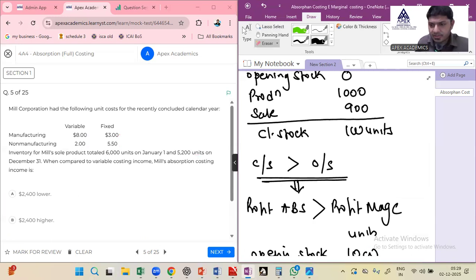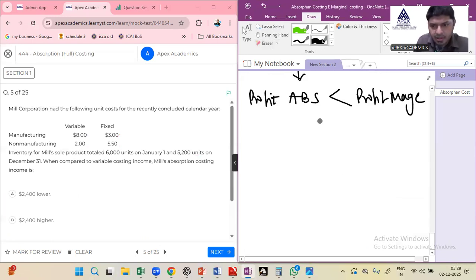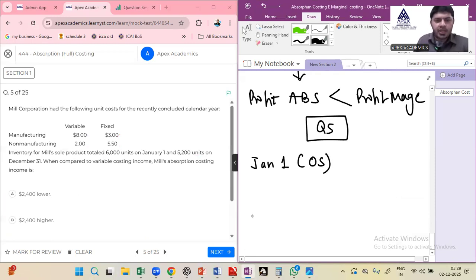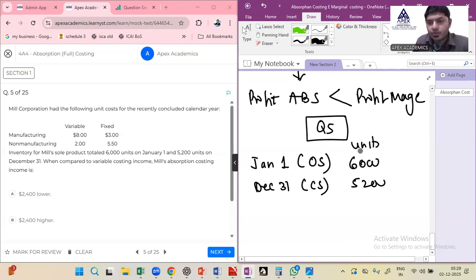Let's please pay attention. We are at question number 5. What data does question number 5 give us? On January 1, that is my opening stock, it is 6,000 units. And on December 31, that is my closing stock, it is 5,200 units.